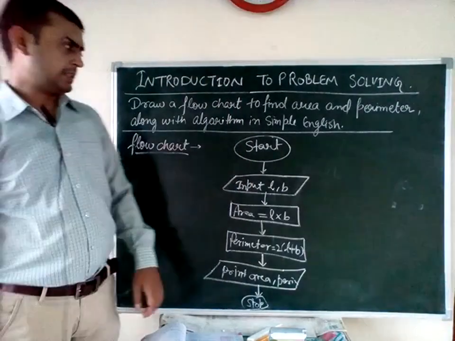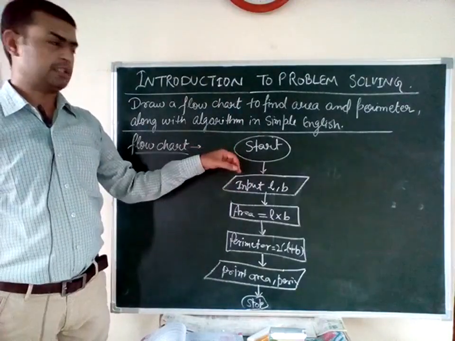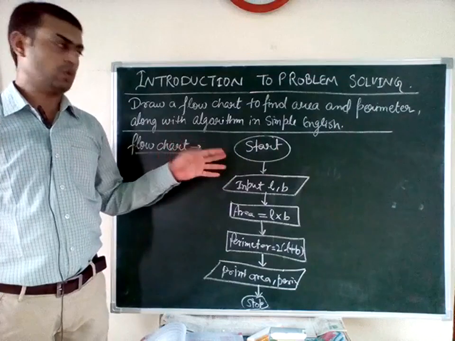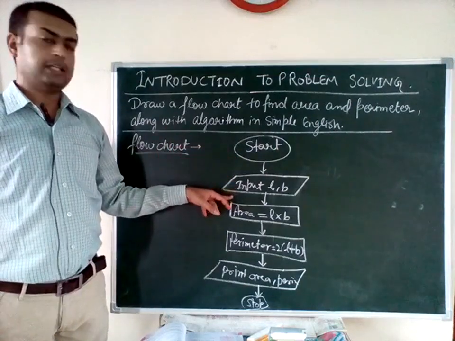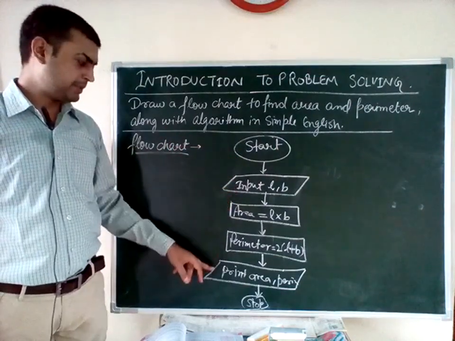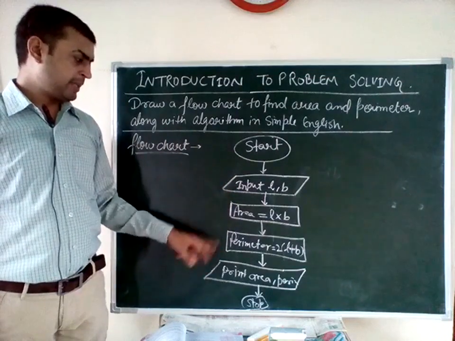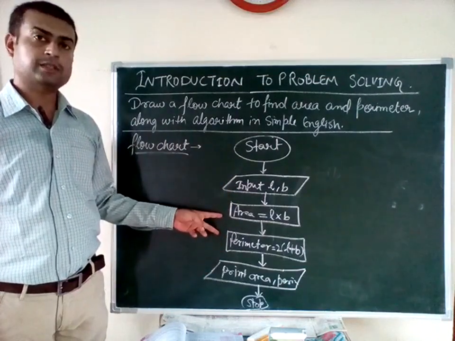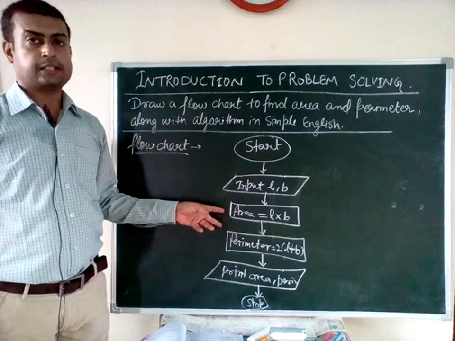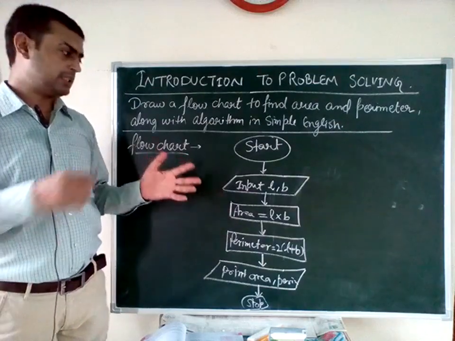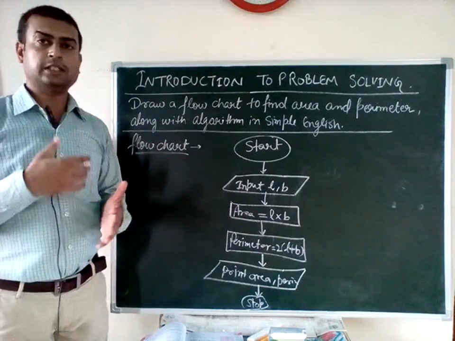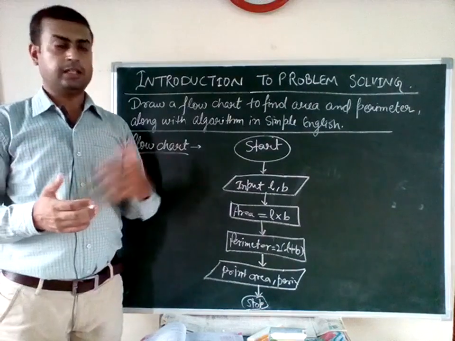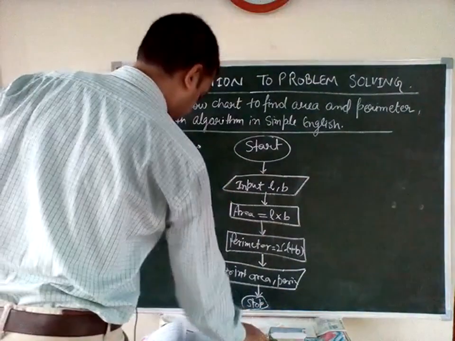So very simple it is. Start and stop is represented with an oval, input and output will be represented with a tilted box, and the processing part will be represented with a solid rectangle. Basically this is the way how we are designing the algorithm and the flow chart. Very simple it is.